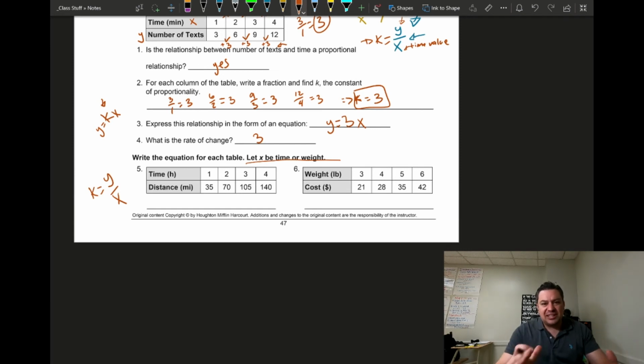And usually with tables, every time you have a table, the x goes before the y, x comma y, just like in the alphabet. So if we look at this, this is gonna be your x and y, x and y. And if you notice, the x is the time, and on number 6, the x is the weight. Exactly what we wanted.